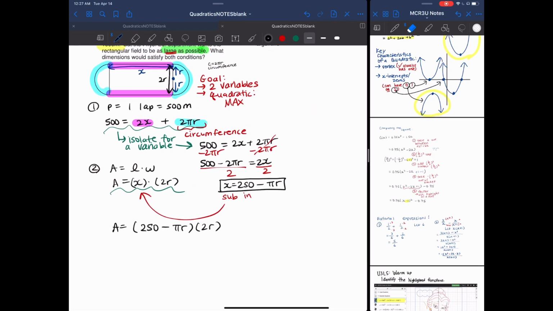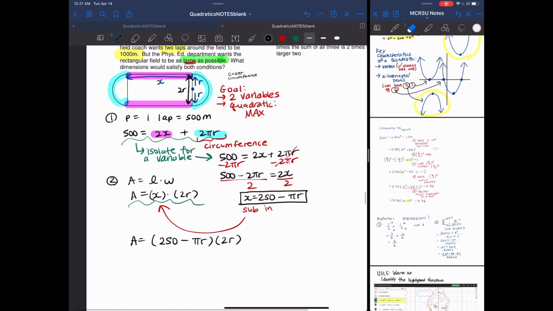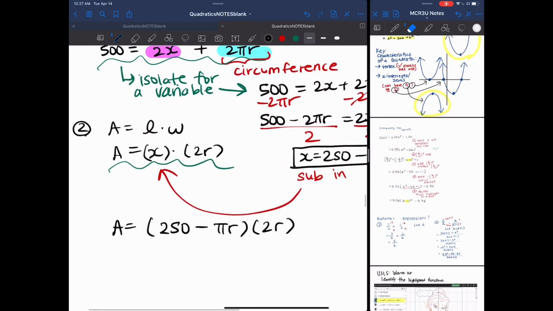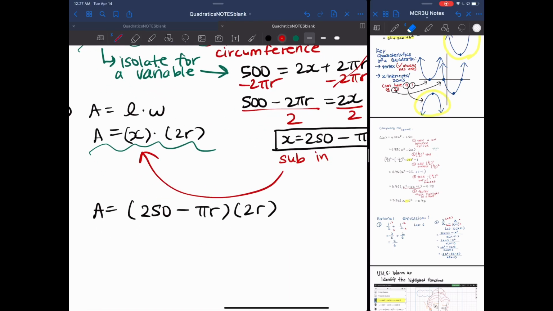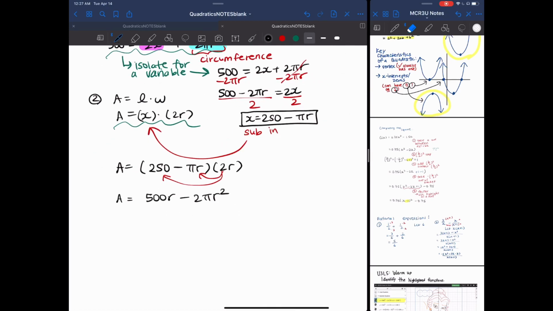That doesn't really help us in this case, because I want to find the max, and maximum means I need to get the vertex form. So I have to do the distributive property. So I have A equals 500r minus 2 pi r squared. That means I'm in standard form. I want to now get to, okay, so I went from factored.